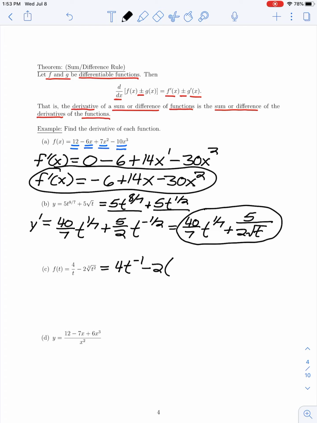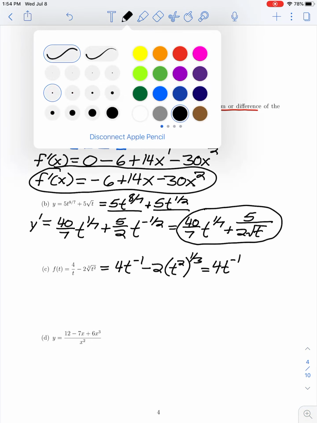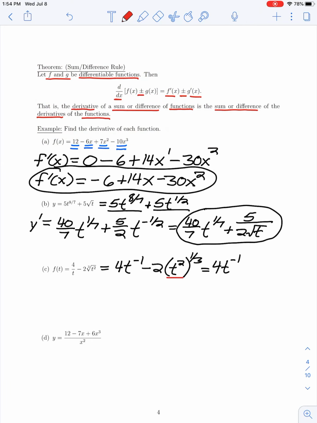Now remember, the cubed root is the same as the 1/3 power, so the cubed root of t squared would be the same as t squared to the 1/3 power. Now if I rewrite this another way, I have 4t to the negative first, and the expression t squared to the 1/3 power. Well, remember properties of exponentials.